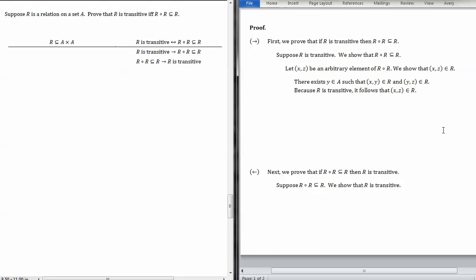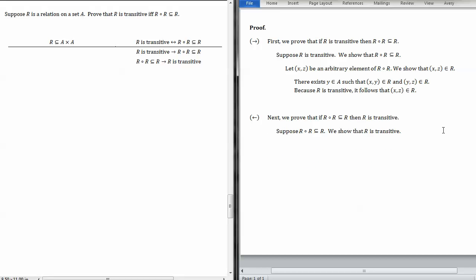Now let's think about the other direction. Next we prove that if R composed with R is a subset of R, then R is transitive. So suppose the first thing, we show the second thing.